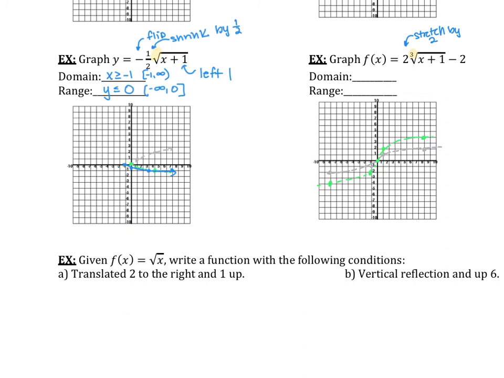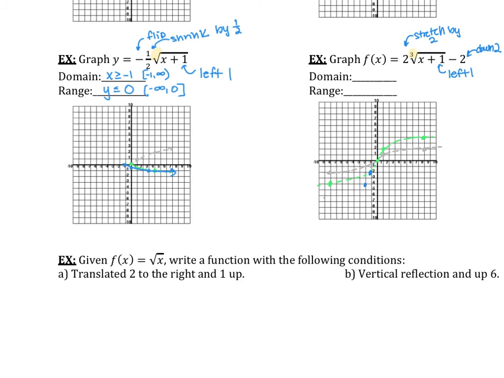But then, inside here says I'm going to go left 1, and I'm going to go down 2. Remember, you can do the left and down or the right and up or whatever combination of left, right, up, and down together. So now I'm going to go left 1, down 2. Left 1, down 2.